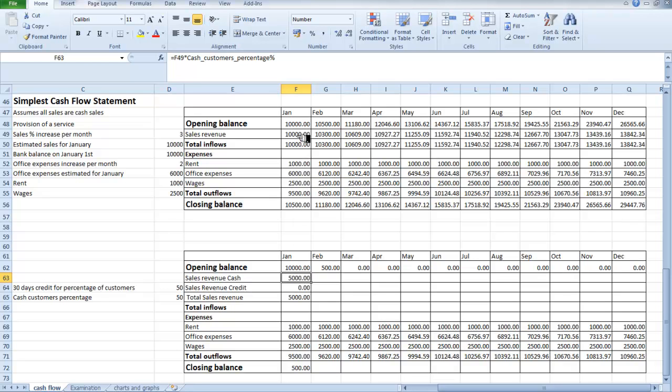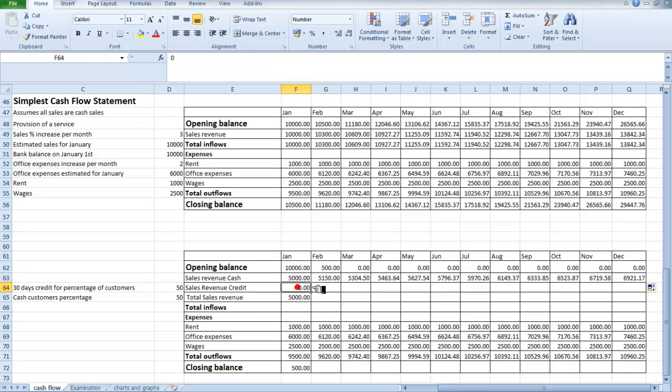We've taken that from the first one, times 50%. So if I take that and highlight that cell and then go along to the top, I can put all those figures in for cash sales for each month.